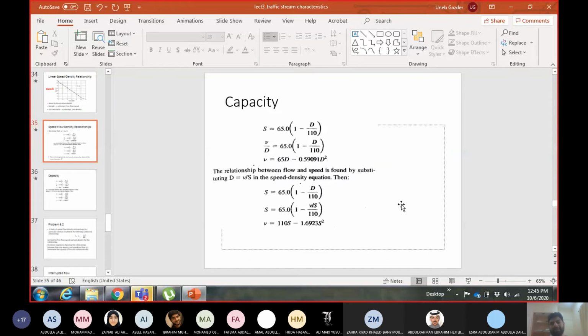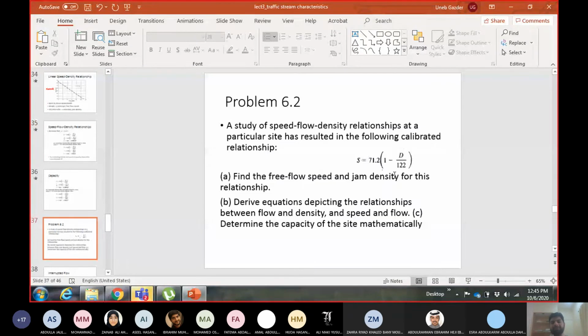When you put d as 0, you will get free flow speed as 71.2 miles per hour. To find the jam density, put speed as 0. So when you put s as 0, you will get jam density, and for this equation, jam density will be 122 vehicles per mile per lane.